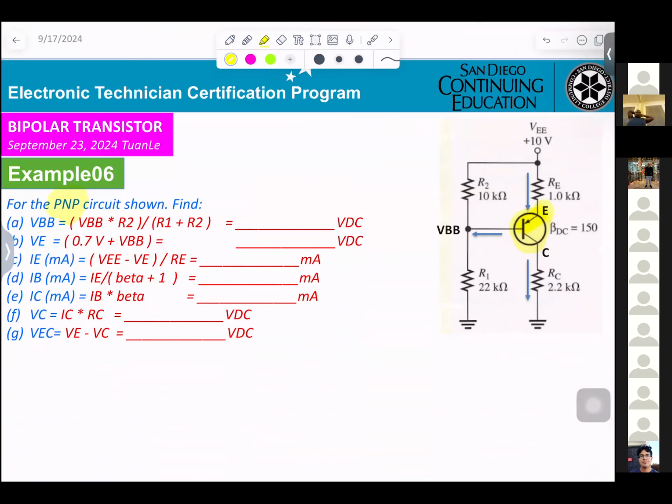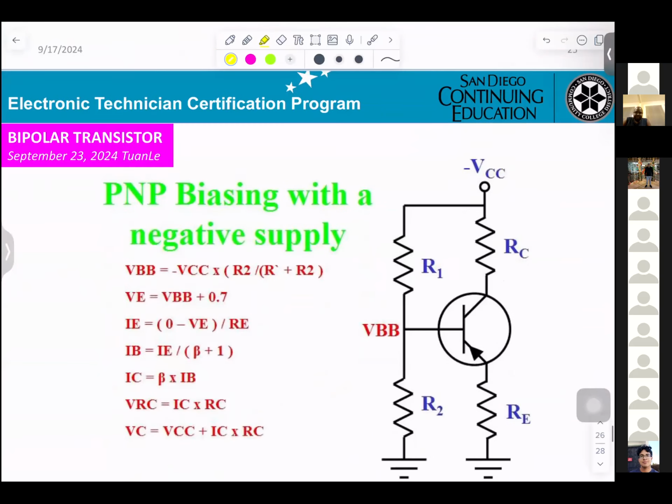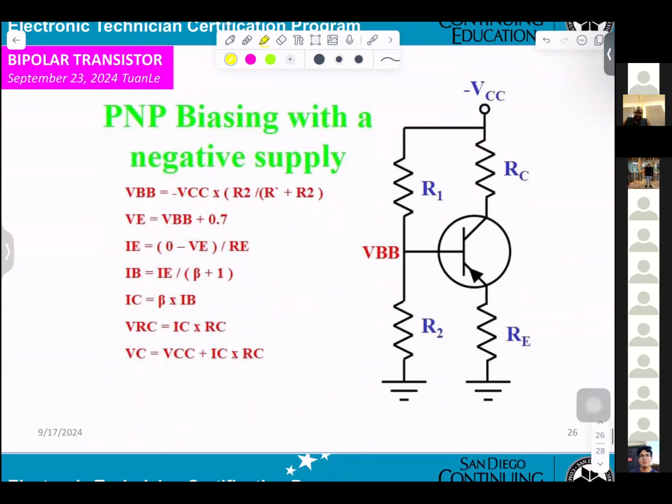Okay. And if they want you to do the calculation, they already gave you everything here. Okay, formula. If you are confused, next meeting I will go over it for you. PNP biasing with a negative power supply. If now you get a negative power supply, how do we calculate it?